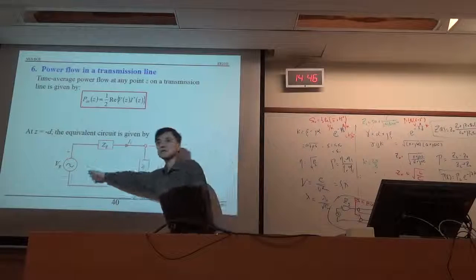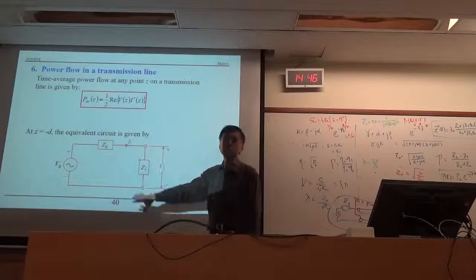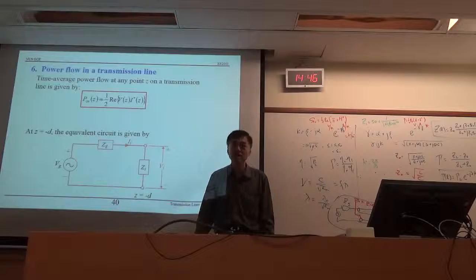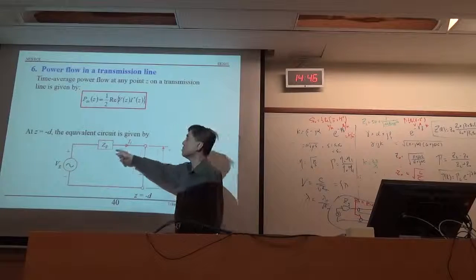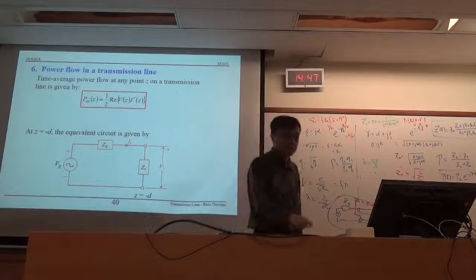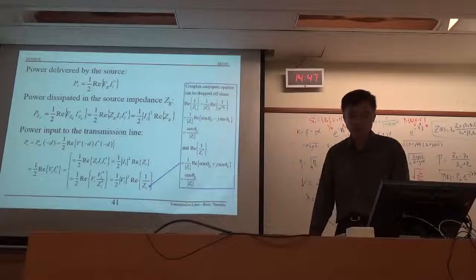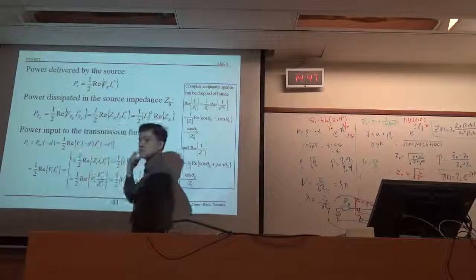And from the Thevenin equivalent circuit, you can find the power that goes into the transmission line very easily. You know Vi, you know Zi, you know Ii. So the power that goes into the transmission line will be Vi Ii conjugate.